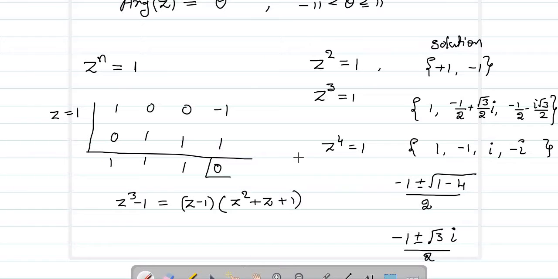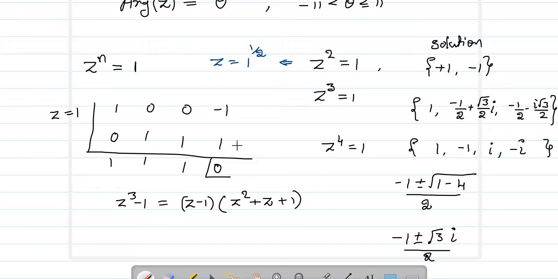And if you observe, the same equations you can express in a different way. This can be written as z equal to 1 power 1 by 2. So when you take the square root of 1, it has basically two solutions, one is plus 1 and minus 1.